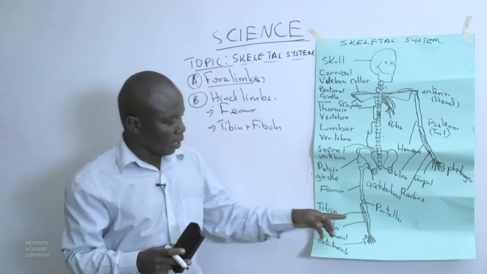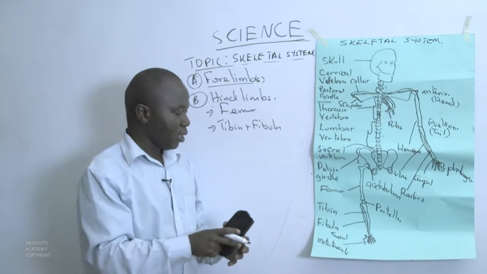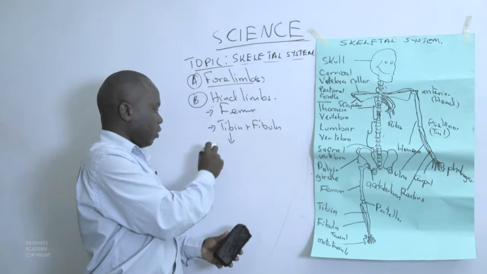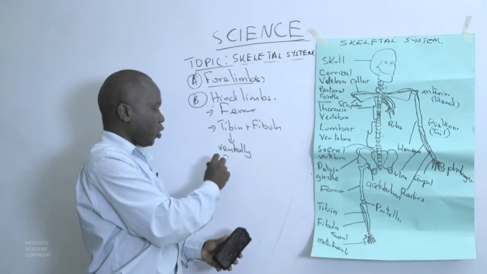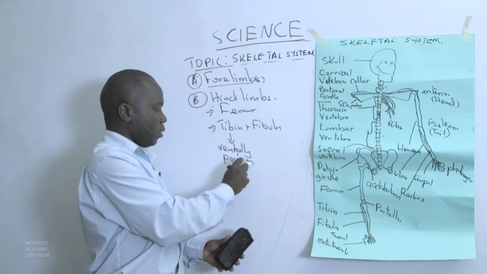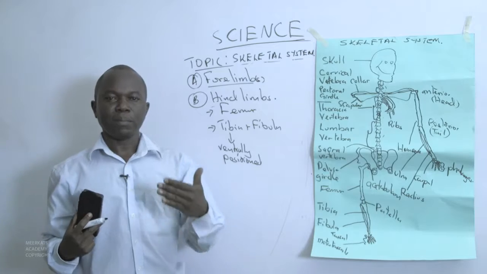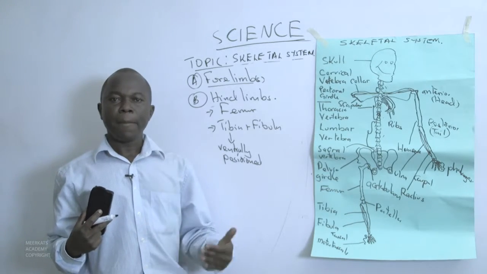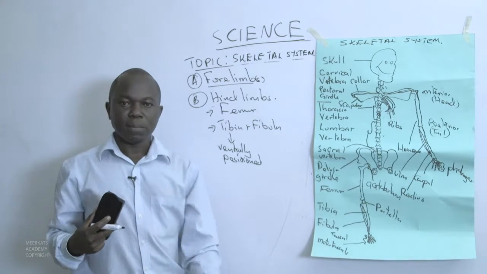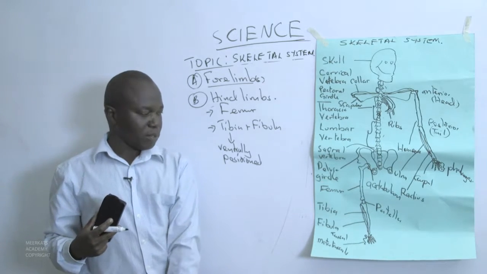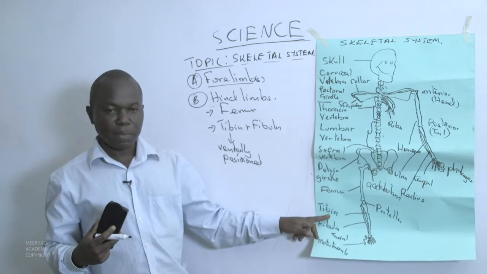From the chart, we can identify the tibia and fibula. Tibia is found on the ventral side of the body, ventrally positioned. When you say ventrally positioned, if, for example, you are looking at me and examining my hind limb and the lower part here, the bone that you will see in front of my limb is the tibia.